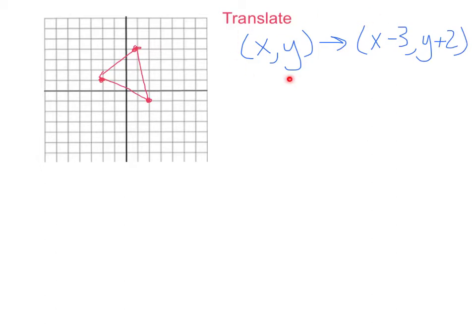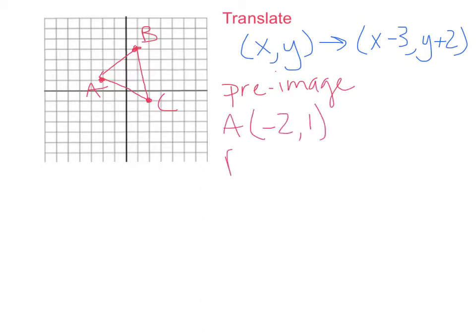It's saying, do this translation. If the points aren't labeled, we'll label them. In the pre-image, our points are A, which is -2, 1. B is 1, 4. And C is 2, -1.